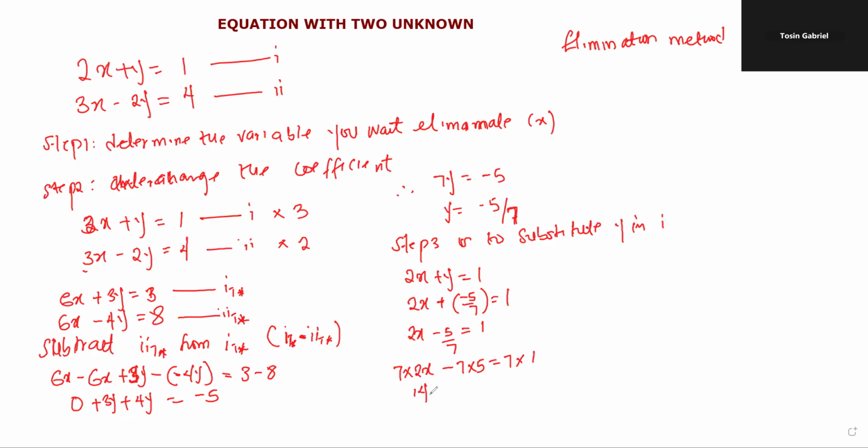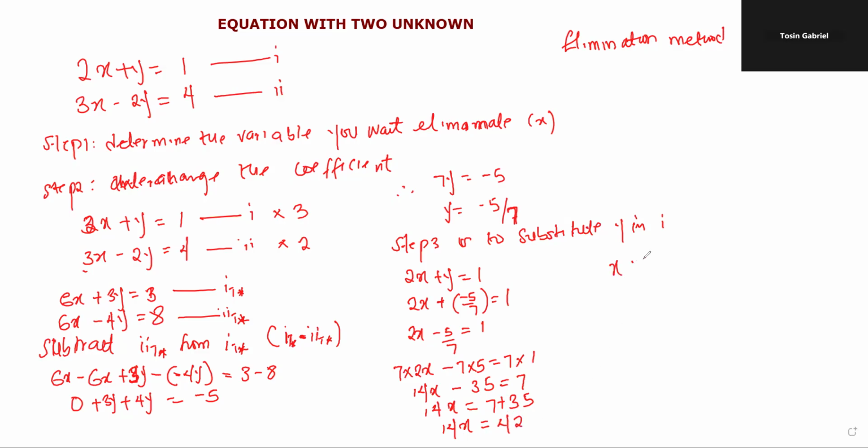Then here you have 14x minus 5, which is the same as 7. Then you can have 14x, you collect the like terms, so 7 plus 5. Then here you have 14x, which is equal to 7 plus 35, which should give you 42.